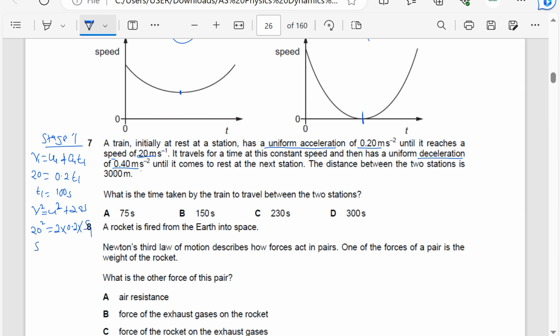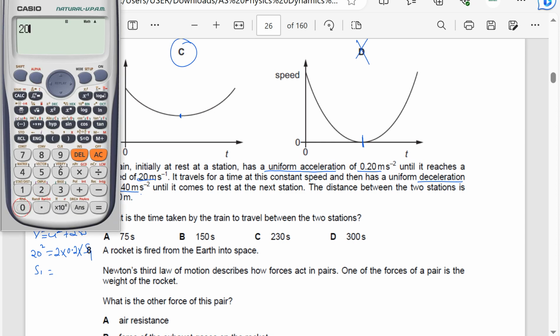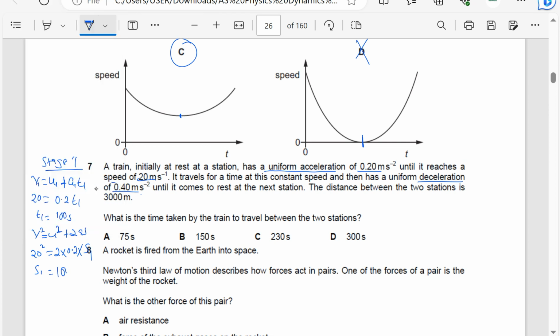So S1 is 20 squared divided by 0.4, which is 1000. So S1 is 1000 meters. It takes 100 seconds to travel 1000 meters in stage 1.